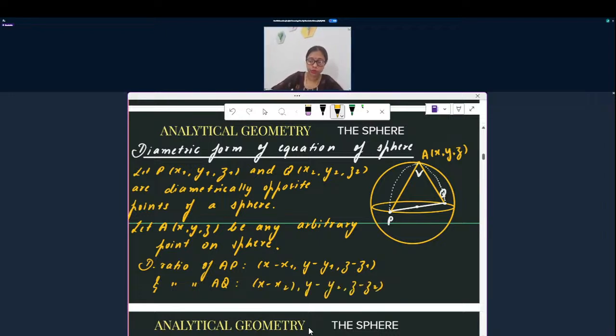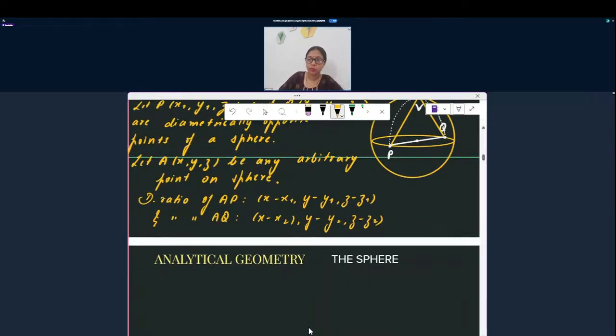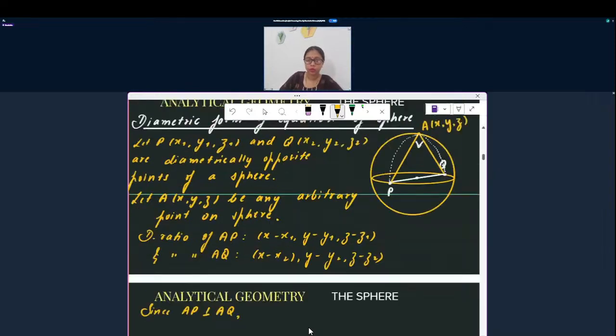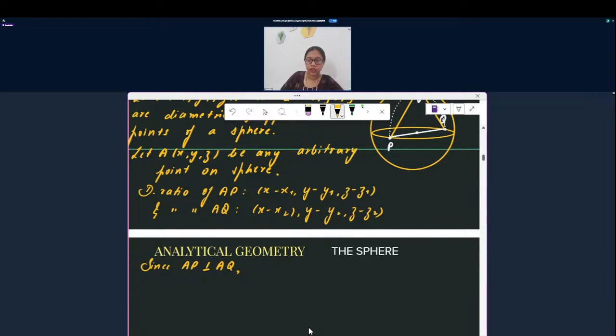They are what? They are perpendicular, right? So since AP is perpendicular to AQ, a1 a2 plus b1 b2 plus c1 c2 is equal to 0. So (x minus x1)(x minus x2) plus (y minus y1)(y minus y2) plus (z minus z1)(z minus z2) is equal to 0, and this is your equation.